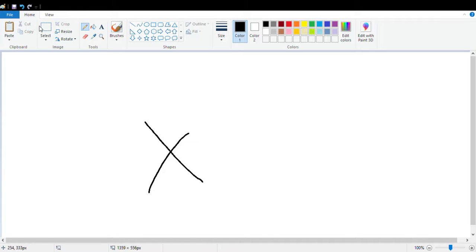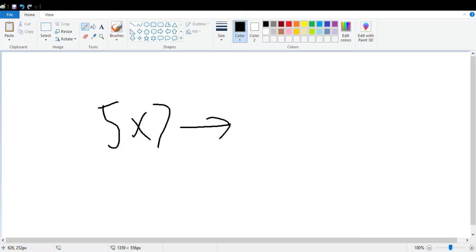Okay. So you don't want to be doing a lot with that multiplication sign. Instead of the x, instead of 5 times 7, try to do it like this: 5 times 7 with a dot like that right there.